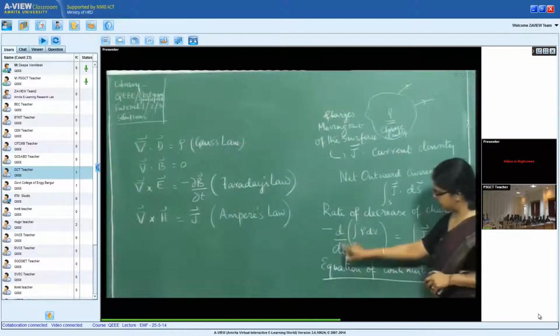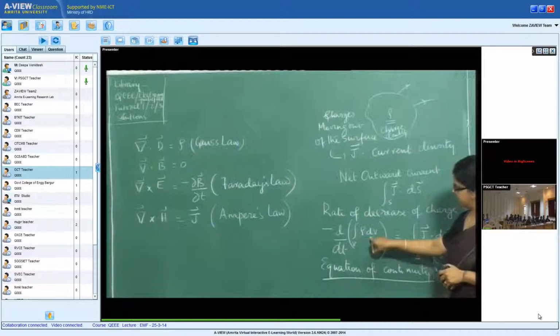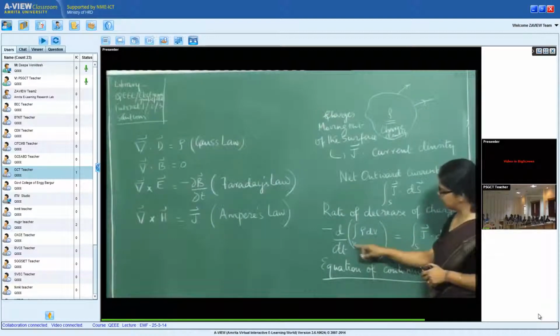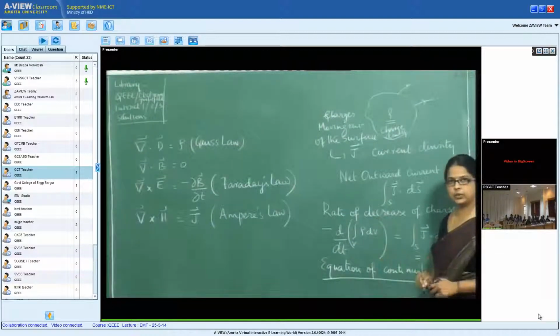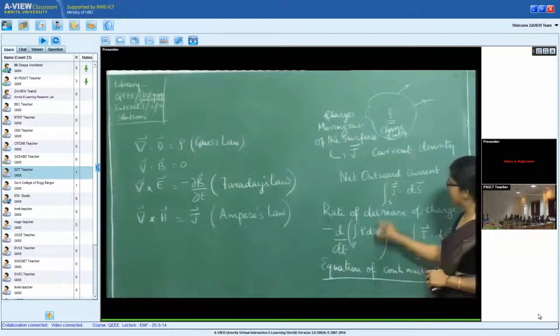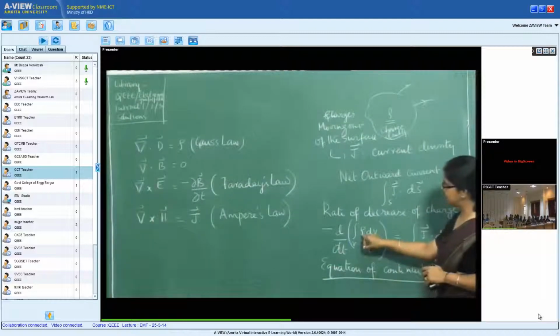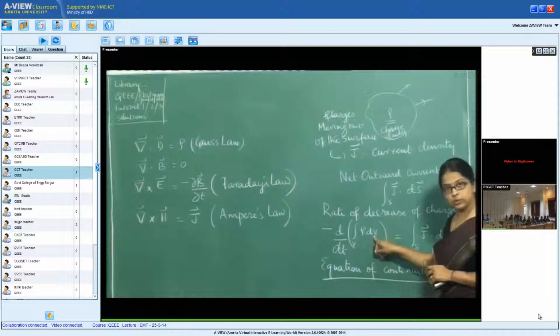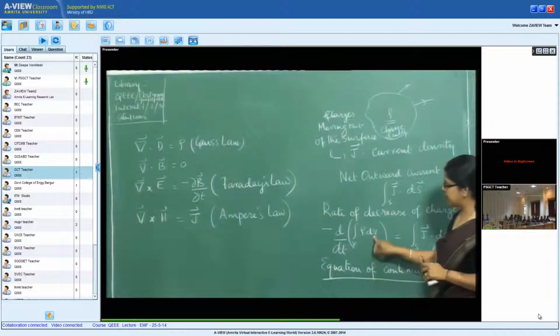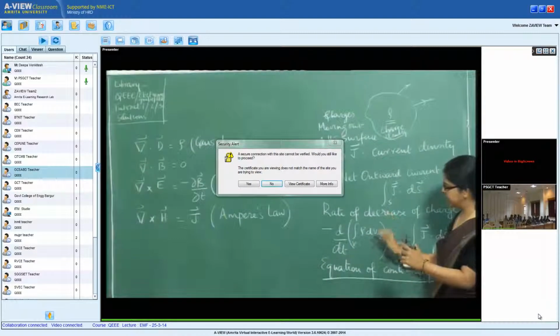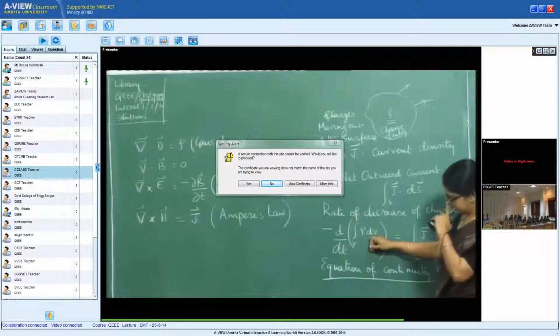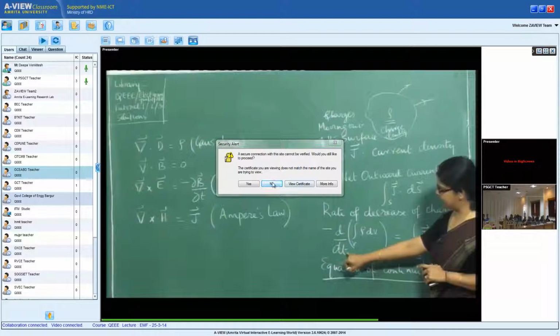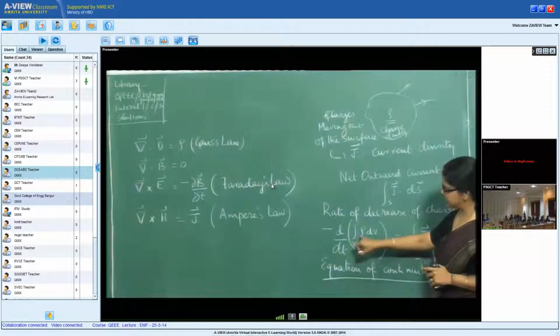Now if I look at this del by del t of the integral of rho dV, it simply means that the net charge is reducing. I could have the charge reducing, or I could have the volume reducing with respect to time, but I am saying that I keep the volume the same. If I fix my volume, then the derivative is only for the charge.